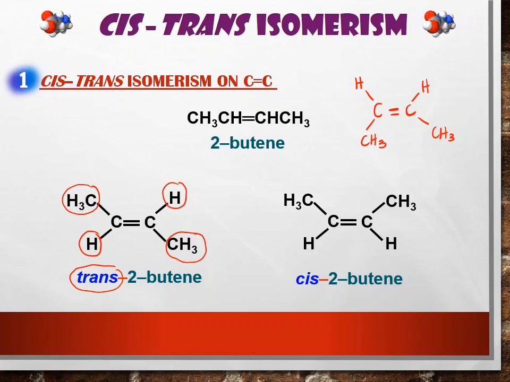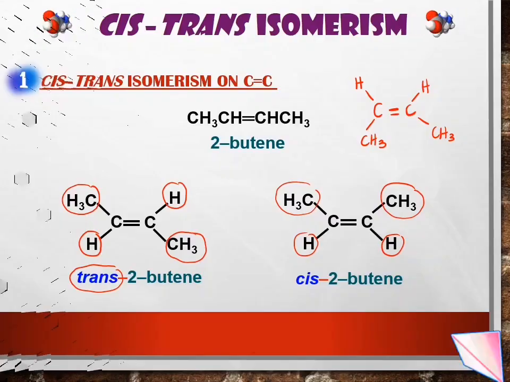What you can see here is that the groups of atoms are on the same side. For example, the hydrogen atoms are on the lower side and the CH3 groups on the upper side. So remember, for the trans isomer it must be opposite sides, but for the cis isomer it must be the same side.